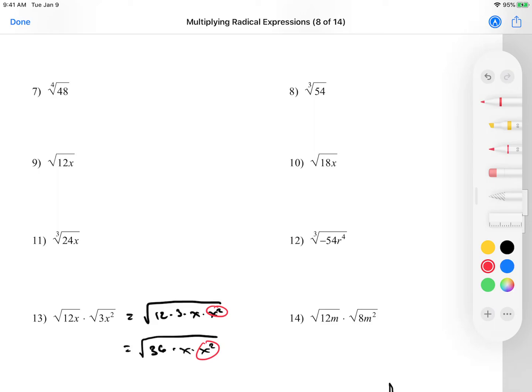I don't want to combine them because there's no point. Now, when I simplify this, I know the square root of 36 is 6. So I have 6, and then I have the square root of x squared, which is the absolute value of x, times x, because that's all that was left inside.